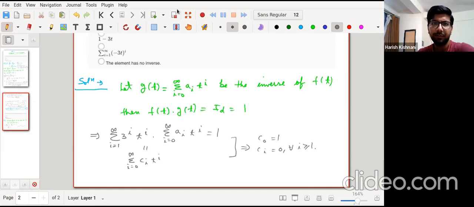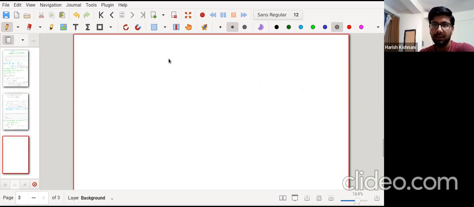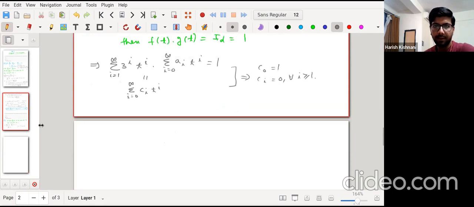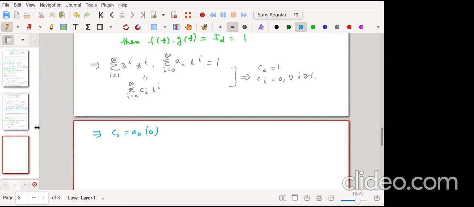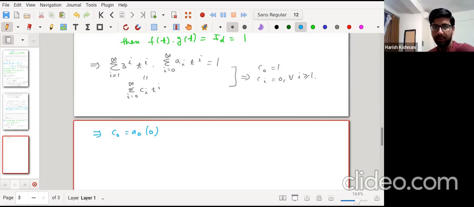So, yes, what will c naught be? From here c naught is a naught times the constant coefficient of this. What is the constant in F(t)? Zero, right? Yes, sir. And this c naught is equal to 1.